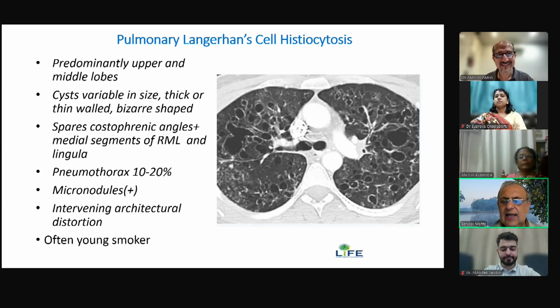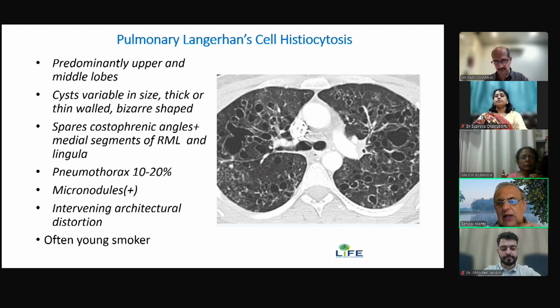So the question is LCH, and I think we've had a very good discussion on LAM. The difference in LCH versus LAM is that in LAM you'll get thin-walled cysts. So first of all, the clinical context: LAM is seen in non-smokers, more females, and can be seen across all lobes.